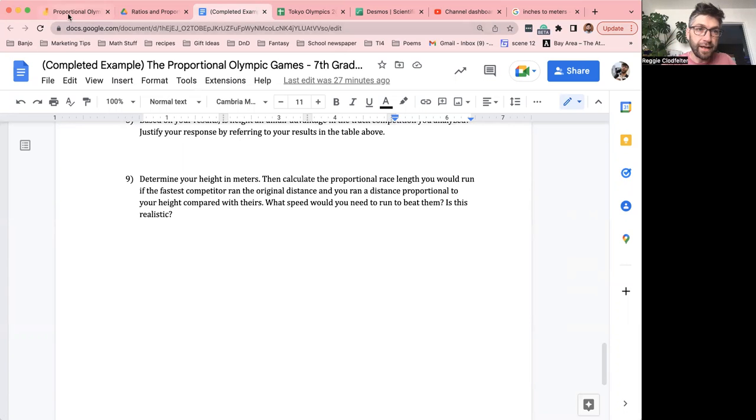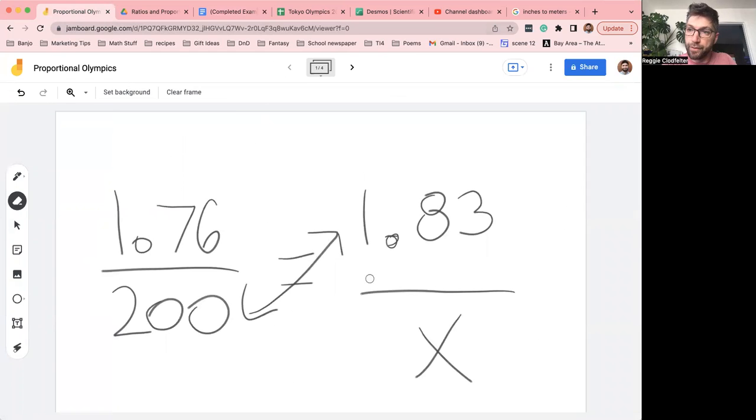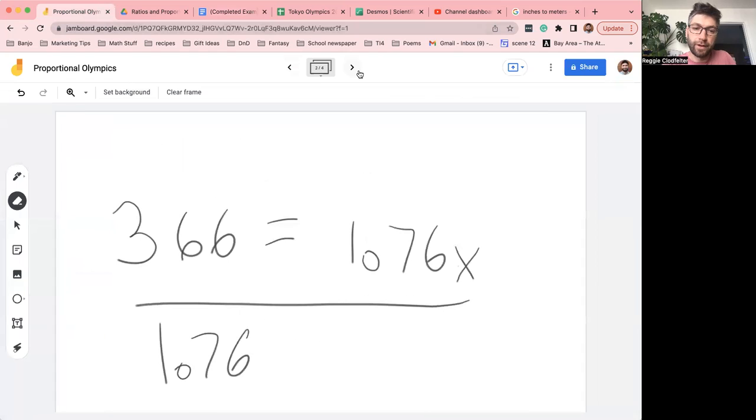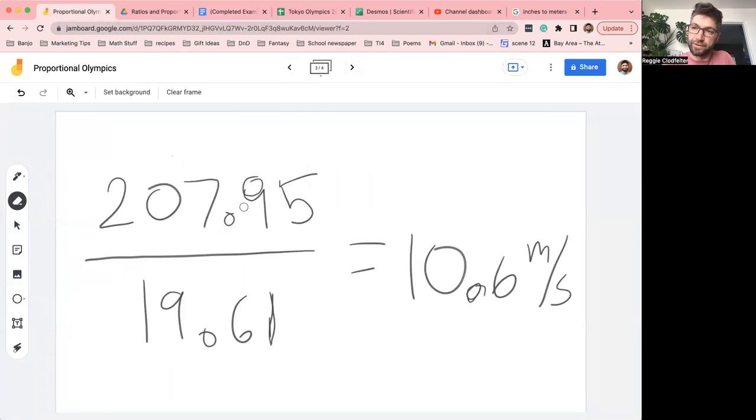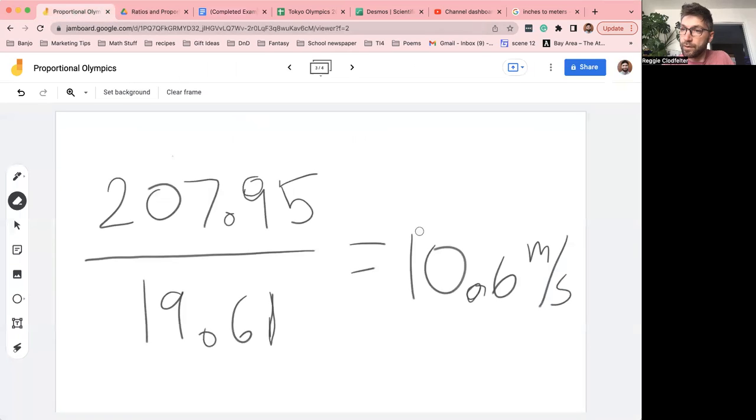That's what we did here, where we figured out if their height was equal to 200 meters from my event distance, what would my event distance be? It'd be 207.95. Then we're asked to figure out the speed we would need to run to beat them. I did that, 10.6 meters a second.